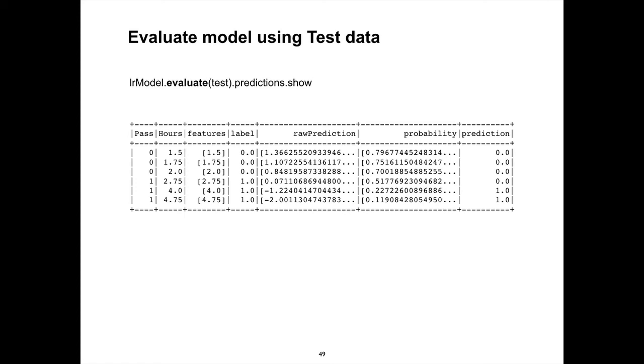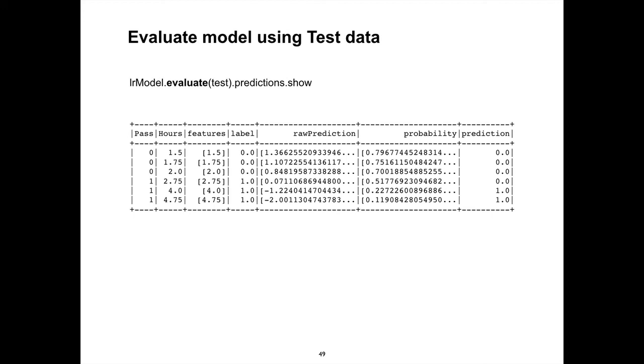Then we can actually evaluate the model on our test data, and we can also get the predictions and show them. It shows us the data frame we inputted, and then it gives us raw predictions and a probability. Basically, probability of 0.5 or above goes, in this case, to 0, and below goes to 1.